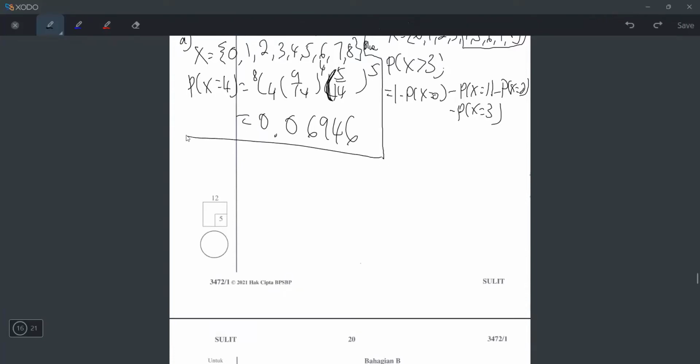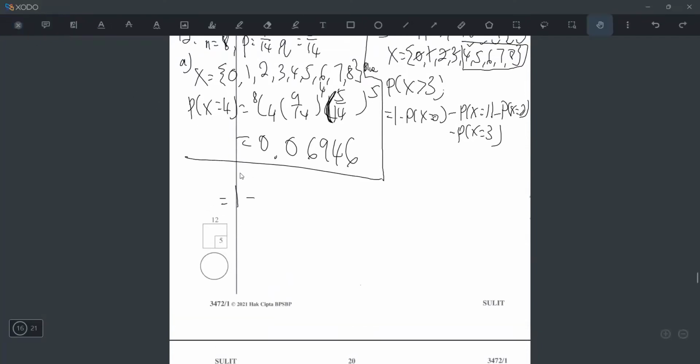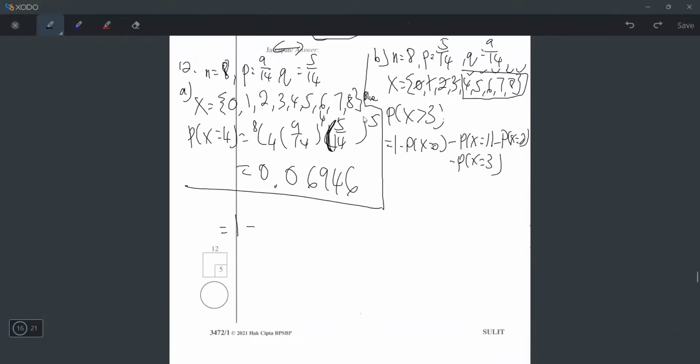So I think I will do it here, because it will take a lot of space. So P(X=0) will be what? It will be 8C0, and remember the p now is 5 over 14 power 0, and then 9 over 14 power 8. Minus P(X=1), which will be 8C1 times 5 over 14 and 9 over 14, power 1 and power 7. Minus P(X=2), which will be 8C2 times 5 over 14 and 9 over 14, power 2 and power 6.